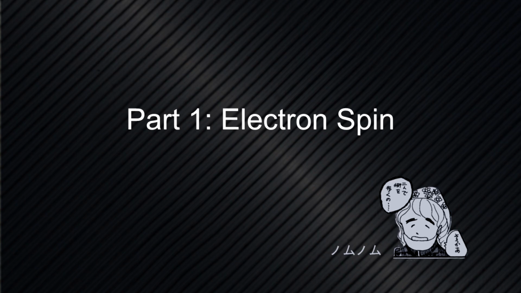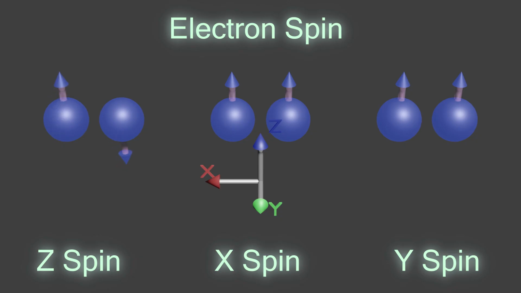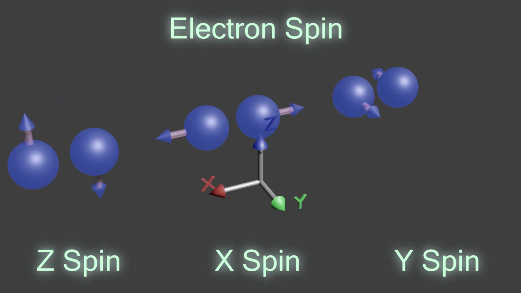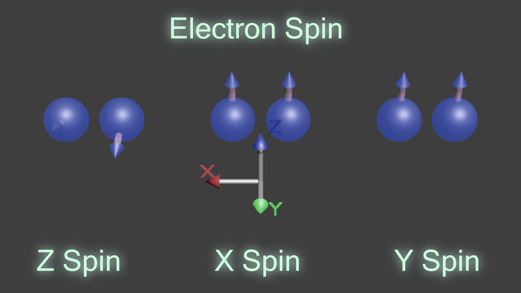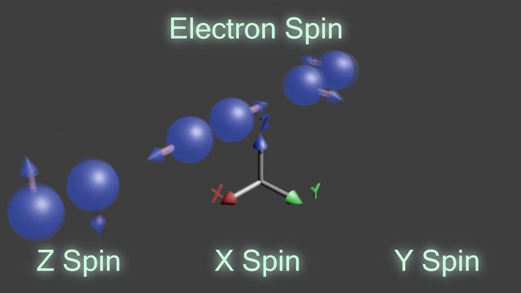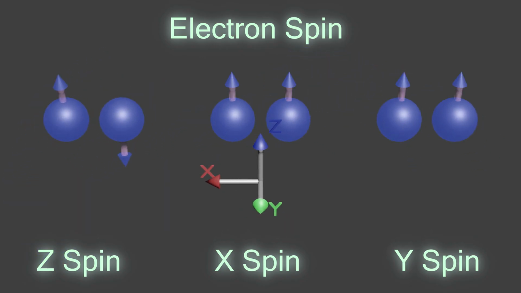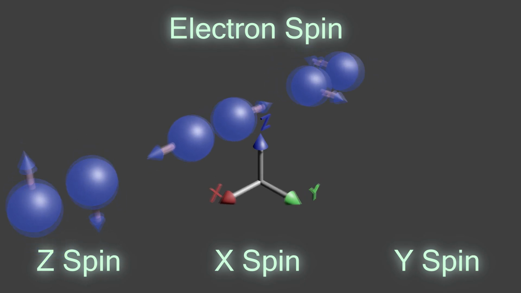Part 1. Electron spin. In the case of photon polarization, the degree of freedom of polarization is only two-dimensional, but in the case of electrons, they can also be stationary, so their spin has 3 degrees of freedom in direction. However, in experiments to evaluate Bell's inequality, electrons are emitted in one direction, just as with photons, so the degrees of freedom that can be controlled are limited to 2 dimensions.